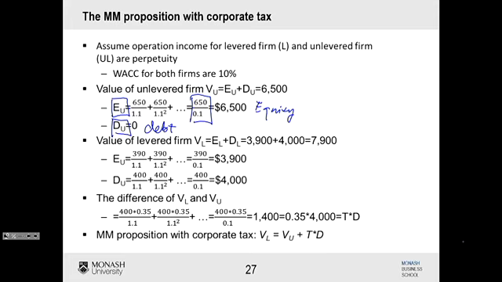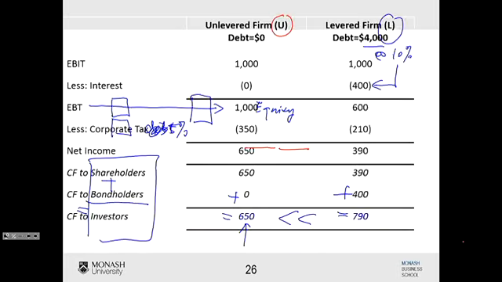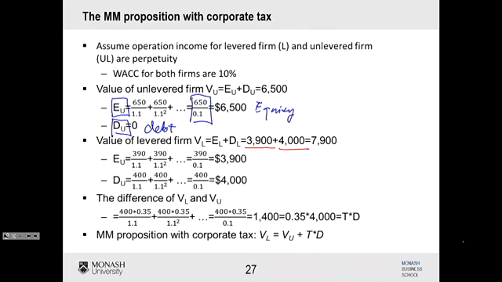The value of the levered firm will be a totally different story. Why? It's equal to 3,900 plus 4,000. Let's see how those numbers come about. 390 comes from where? 390 comes from here, page 26, right? 390 divided by the 10% cost of equity, because in perpetuity we have this formula.